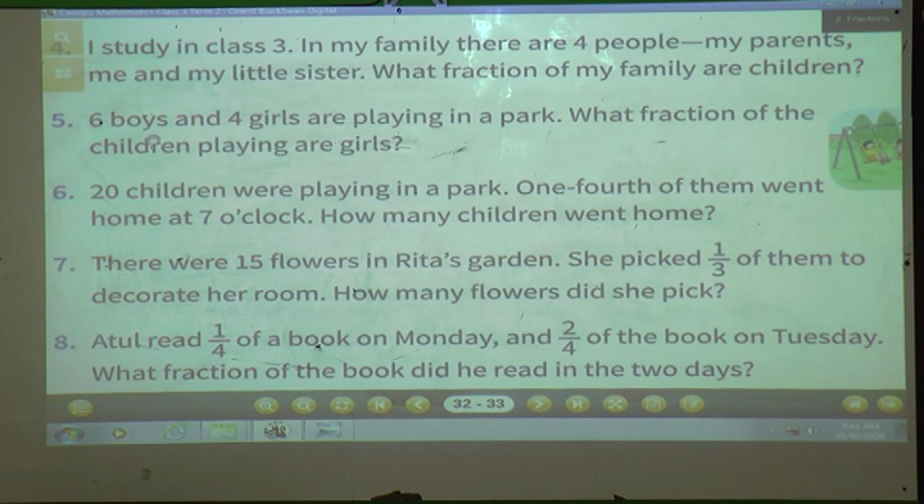6 boys and 4 girls. Means total how many children are there? Boys and girls all together there are 6 plus 4, 10. 10 children are playing in the park. And we have to find out what fraction of the children playing are girls. Only the fraction of the girls.